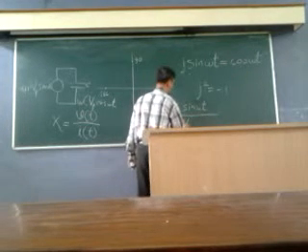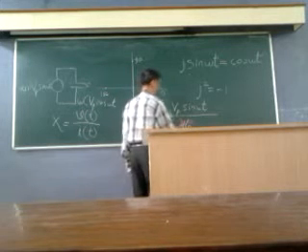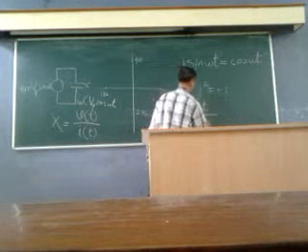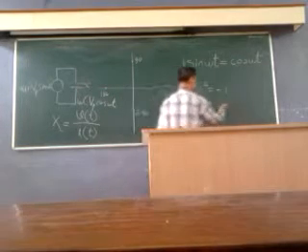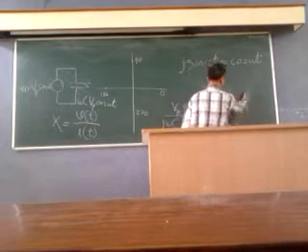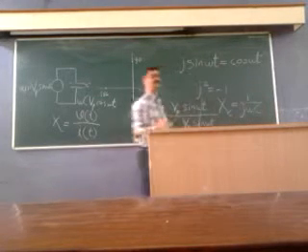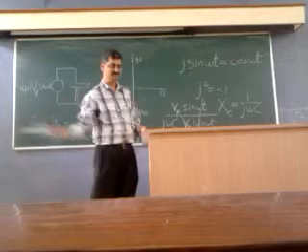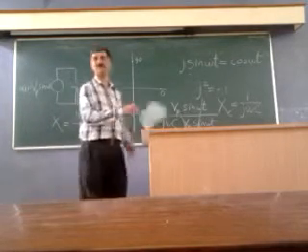Omega c Vp cos omega t, which means it is J sin omega t, and this you cancel. So impedance of capacitor Xc is equal to 1 upon j omega c. That's all. Impedance of capacitor is 1 upon j omega c.